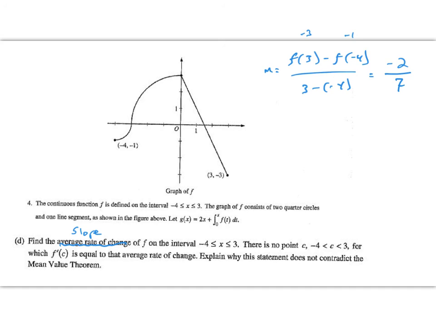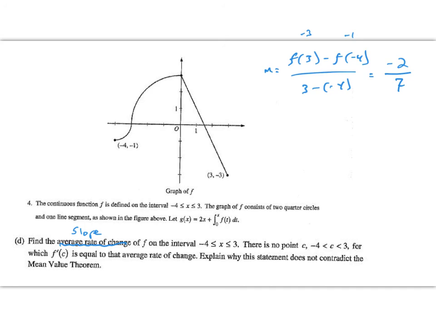This does not contradict the mean value theorem. Why? Well, for the mean value theorem to work in the first place, the function must be continuous on a closed interval, and it must be differentiable on every point inside that interval. As I look at this particular function, surely it's continuous. I'm told so in the prompt. But this function is not differentiable at x is equal to 0. There is a sharp change of slope at that point.